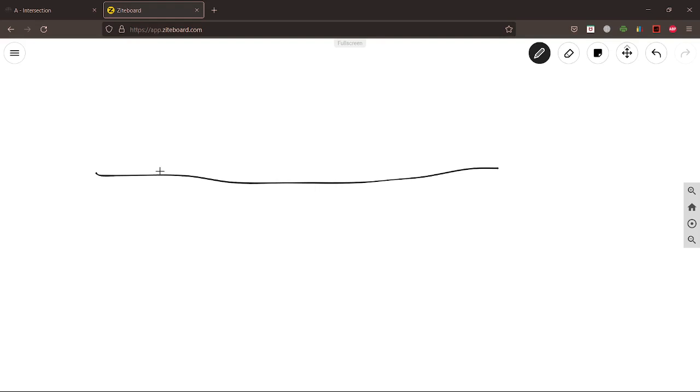I'll be given the starting point of the first range and the ending point of the first range, and I'll also be given the starting point of the second range. This is L2, and the ending point of the second range. This is R2.